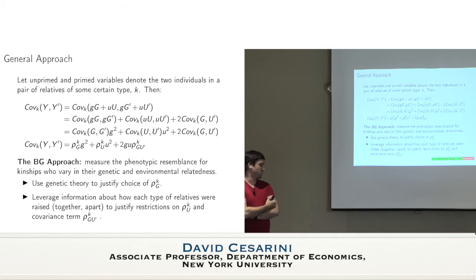But the kind of textbook example is you find some sibling types who were reared together. You find some other siblings of the same genetic relationship who were reared apart, and you assume that the difference tells us something about the extent to which the reared together siblings share their environments. Okay, but we'll see many examples of this as we proceed.